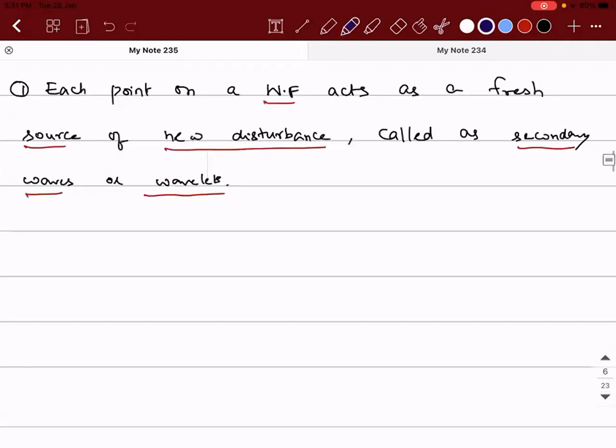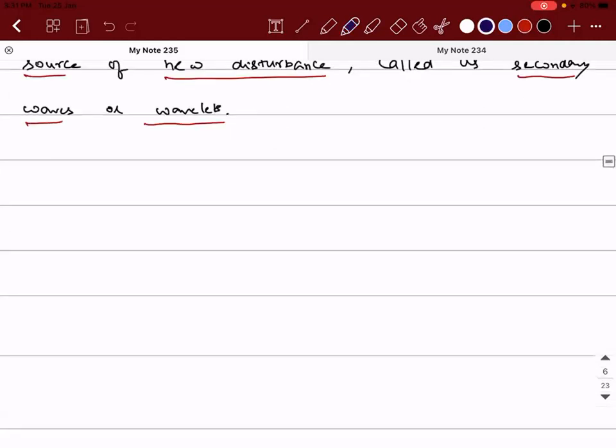Okay, I leave some space. Second point. Secondary wavelets. Okay, secondary wavelets, underline this word.